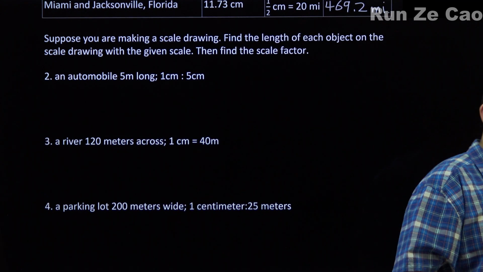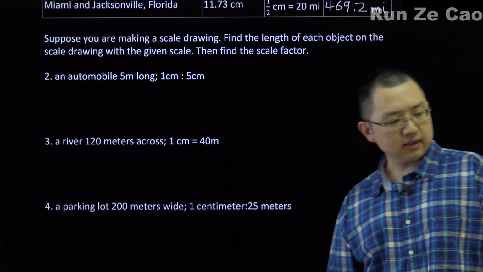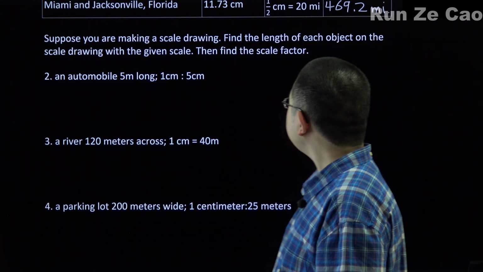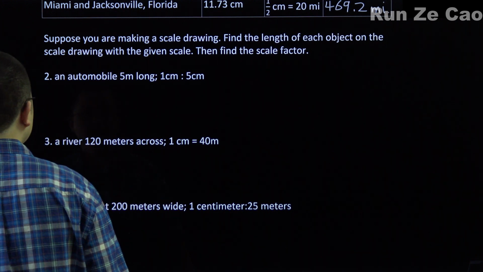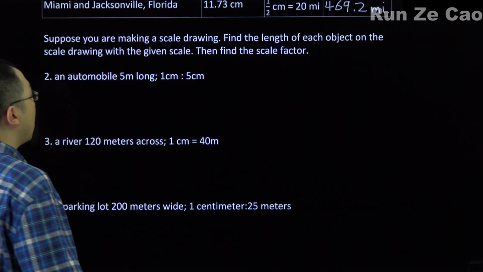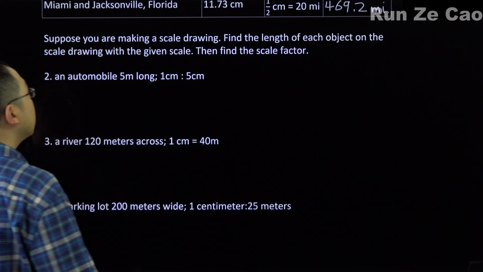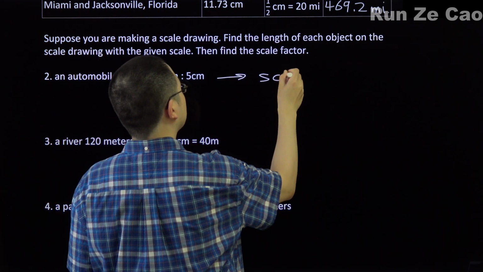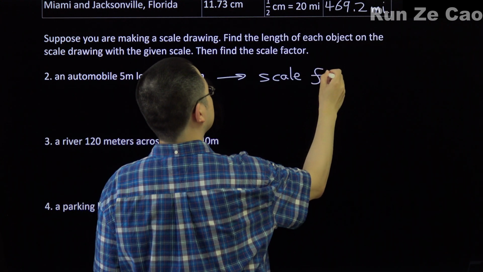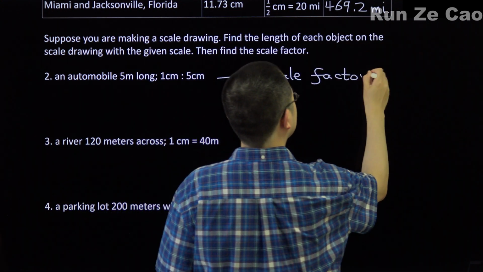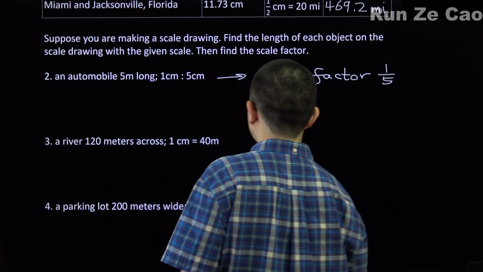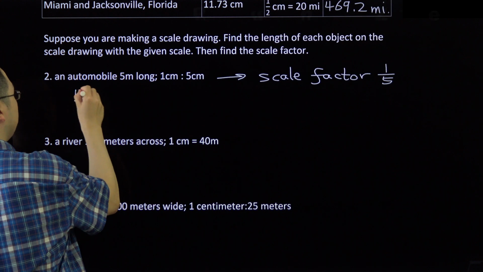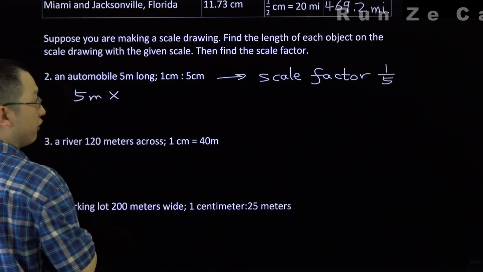Now suppose you're making a scale drawing and you find the length of each object on the scale drawing with the given scale. Then find the scale factor. So you have an automobile that's 5 meters long at a scale of 1 centimeter to 5 centimeters. Actually, you should find the scale factor first. Scale factor is 1 to 5, 1/5. So, the length of the object, 5 meters, times the scale factor.